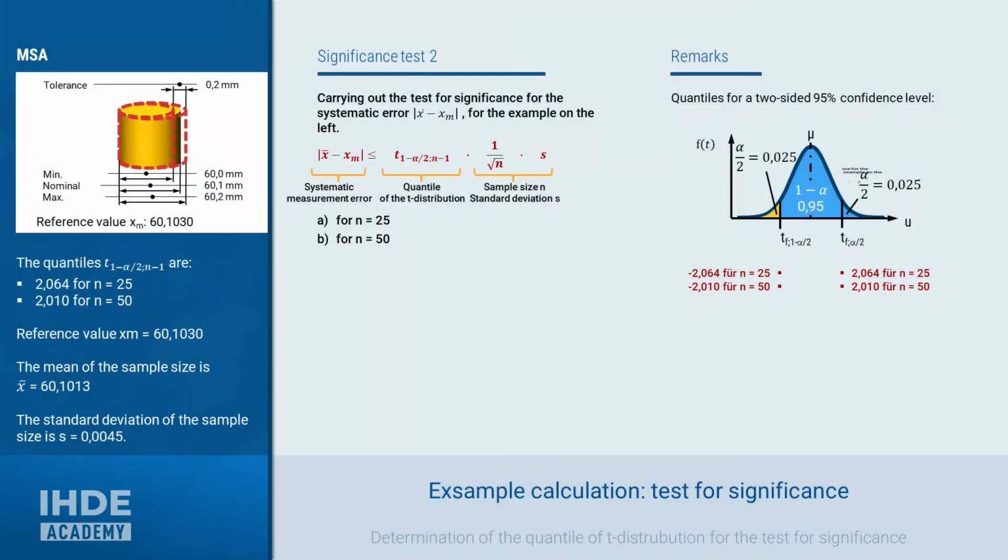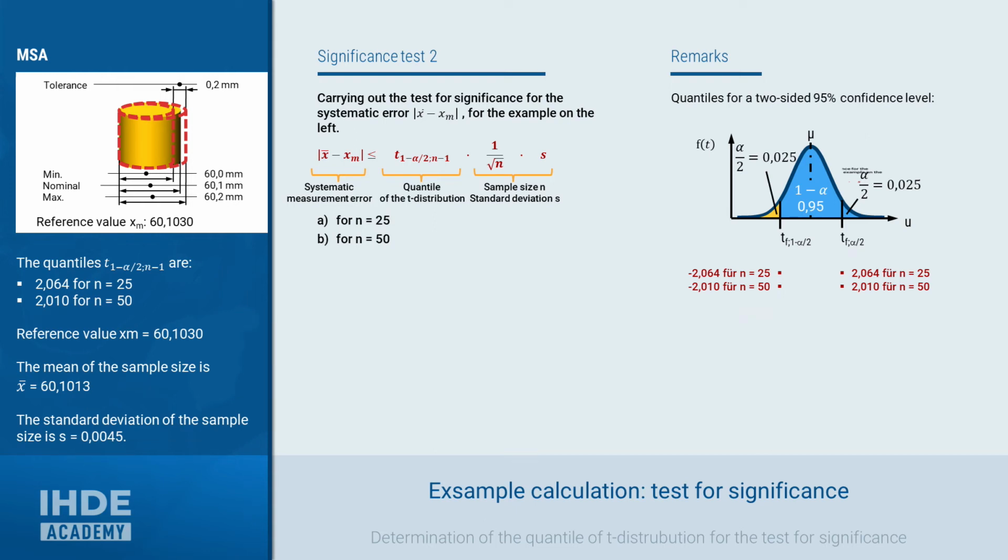With the values determined in this way, we will next carry out the test for significance for the systematic measurement error. Here on the left side again our example with the corresponding values. We have just determined the quantiles. The reference value xm is the diameter of the piston measured with a very precise measuring instrument.